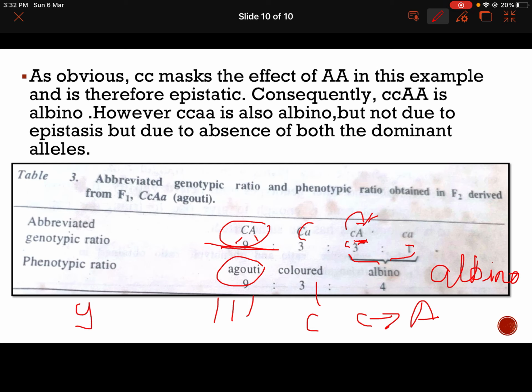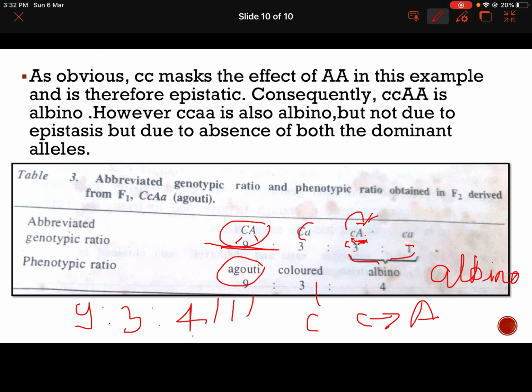That's why the cc genotypes with capital A and with small a both give albino, and then we get a ratio of 9:3:4. Why? If small c did not affect capital A, this ratio would not appear.